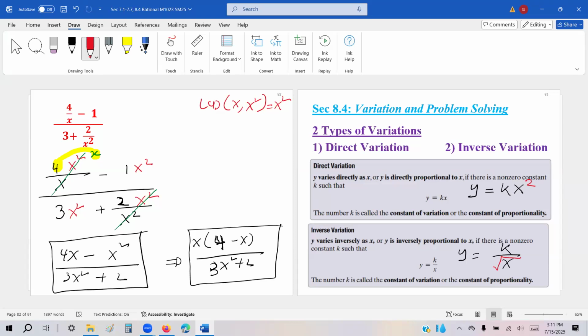Y is changing inversely with the square root of X. So Y is in the numerator, the square root of X is in the denominator, or you can switch their positions, it doesn't matter. The main idea is one of them has to be at the top, one of them has to be at the bottom.